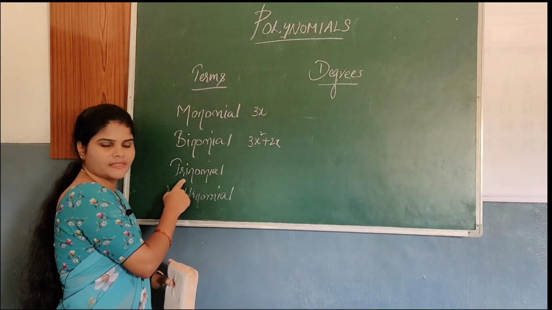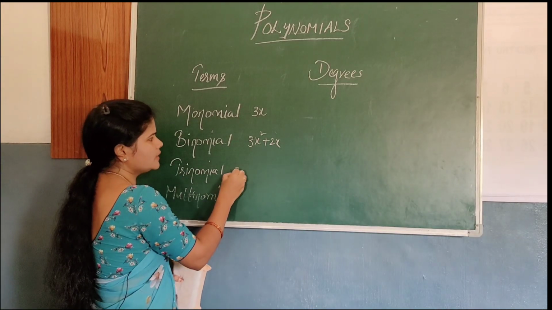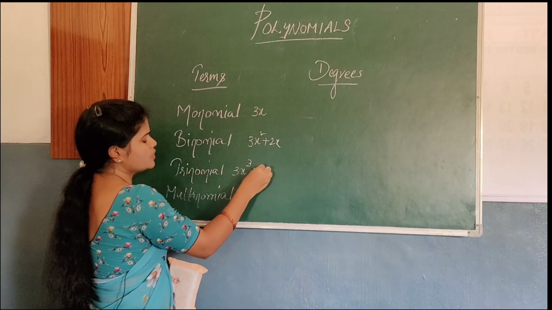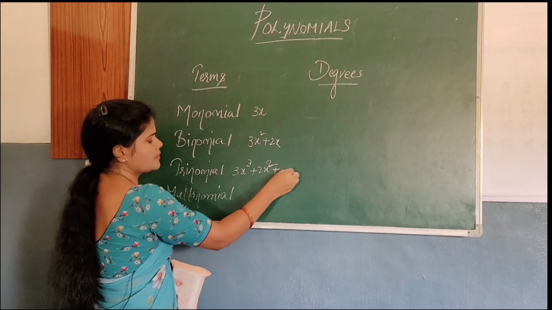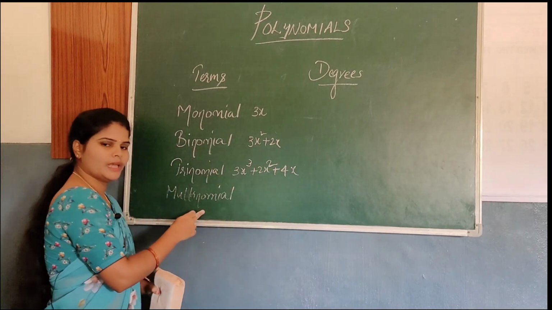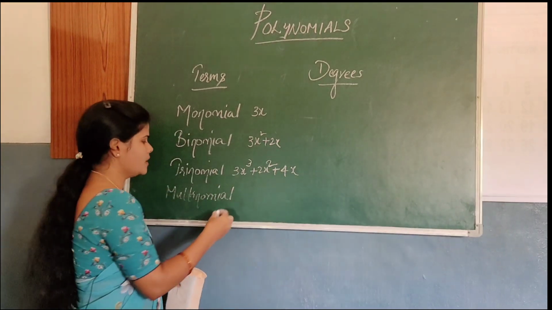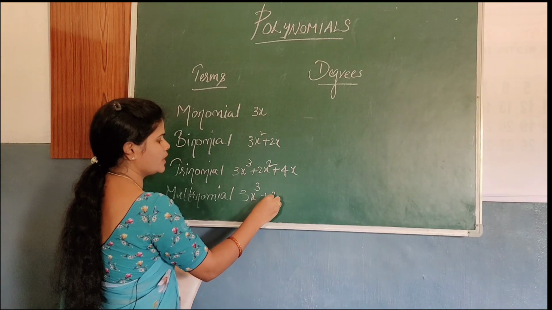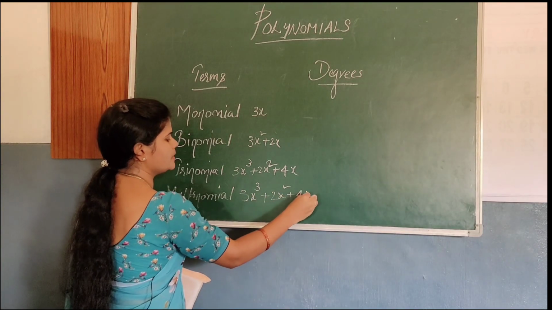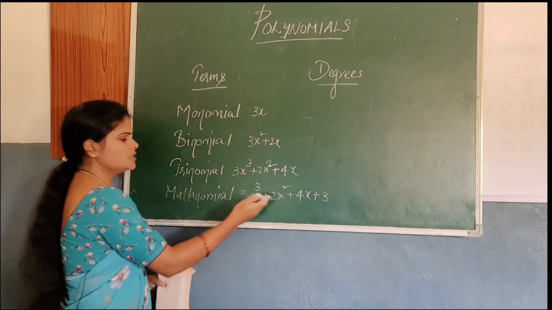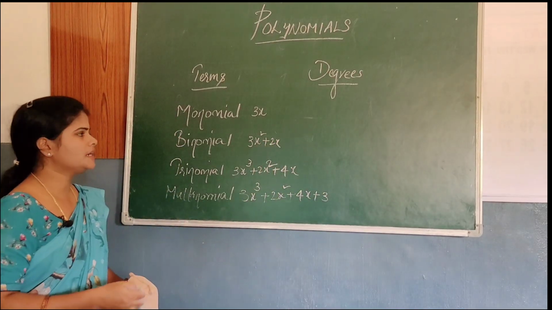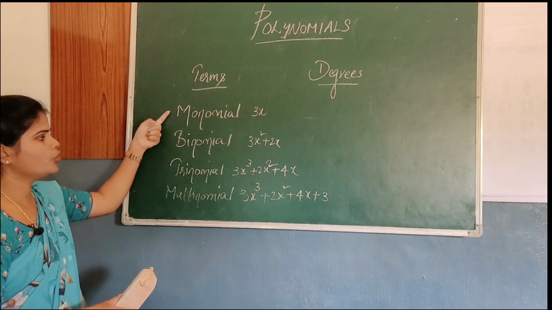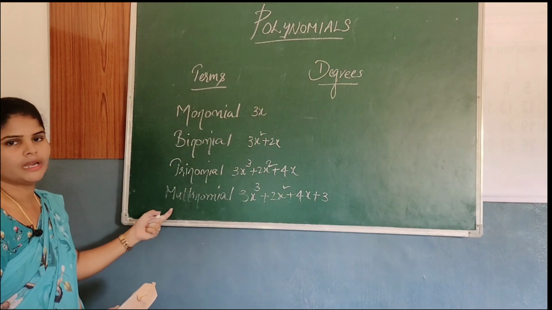Trinomial, tri is 3, so it includes three terms: 3x cubed plus 2x squared plus 4x. And multinomial is more than three terms, such as 3x cubed plus 2x squared plus 4x plus 3. So these are the terms: monomial, binomial, trinomial, and multinomial.